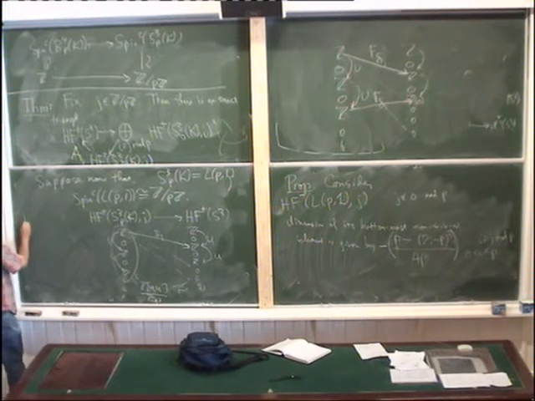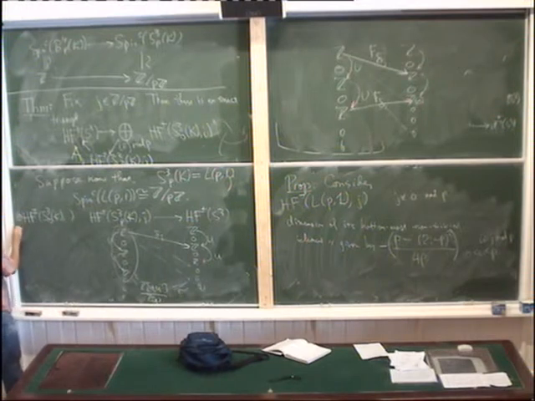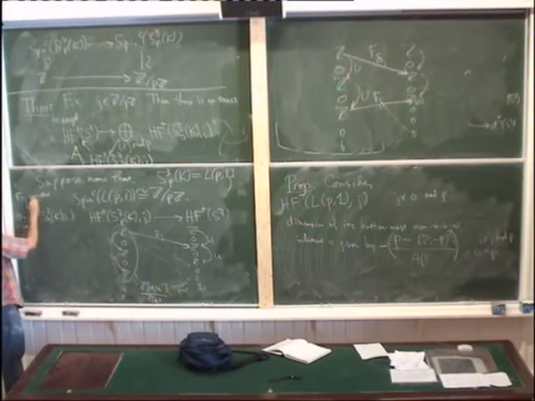Now, we have over here HF plus of the zero surgery of K, well, this is the sum over all I congruent to J mod P. This is a finitely generated Z module.